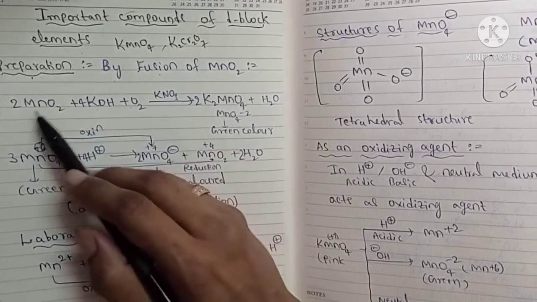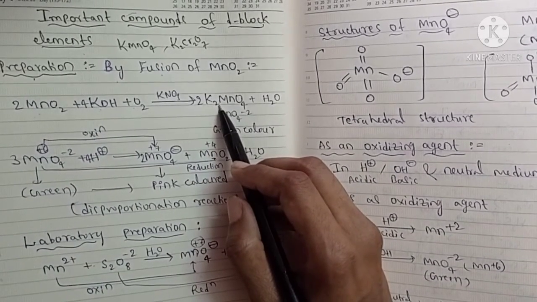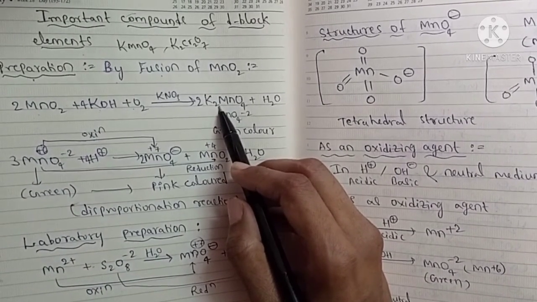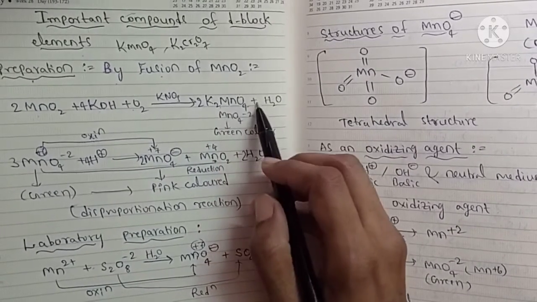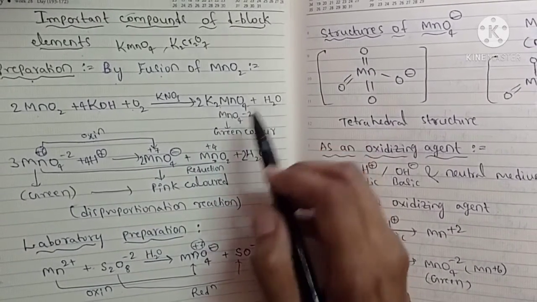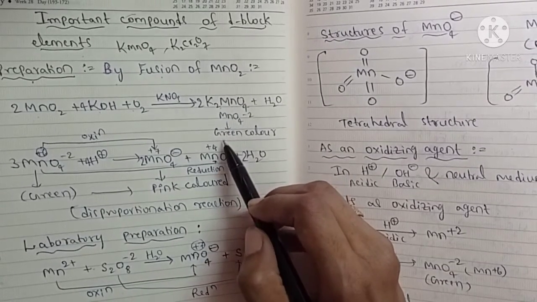MnO2 converts to K2MnO4, and it forms water. This one is in green color. This is the manganate solution.